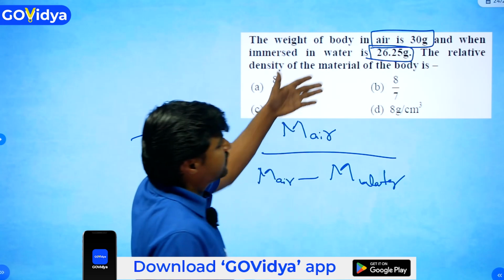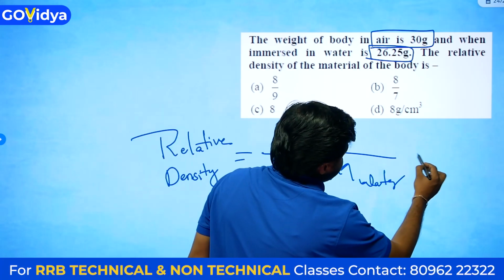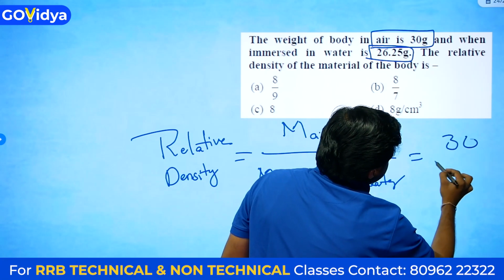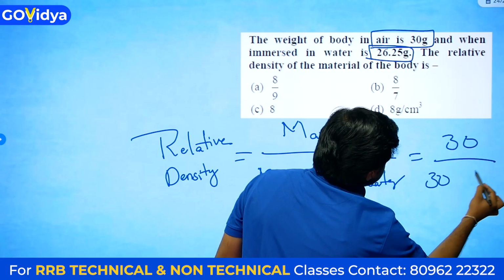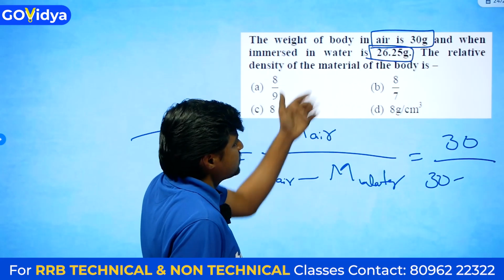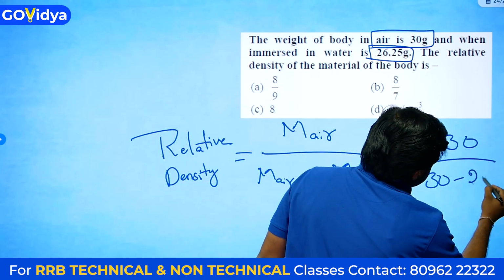Mass of the object in air is 30, by 30 minus mass of the object in water, 26.25.